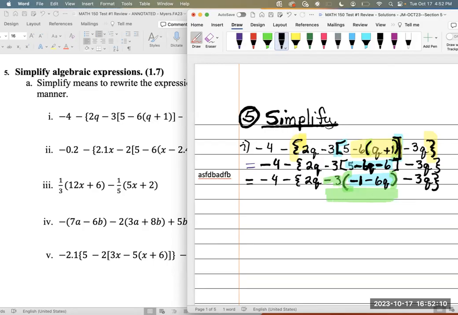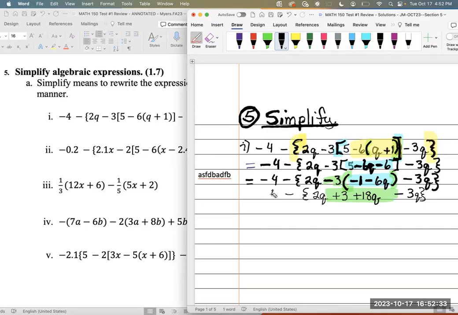So that would be -3 times -1, which would be +3. -3 times -6 times q would be +18q. And then I rewrite the rest of the equation. Yes, you will rewrite this equation over and over again.